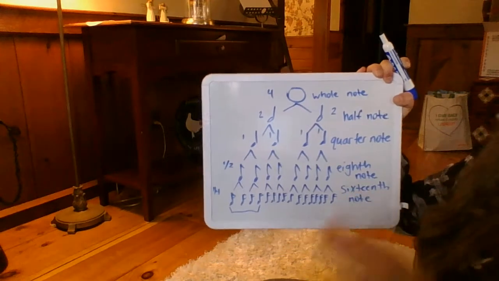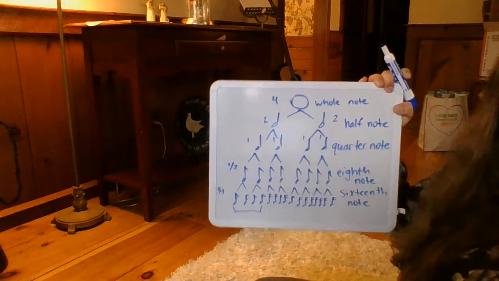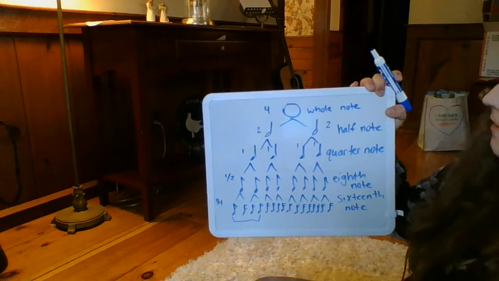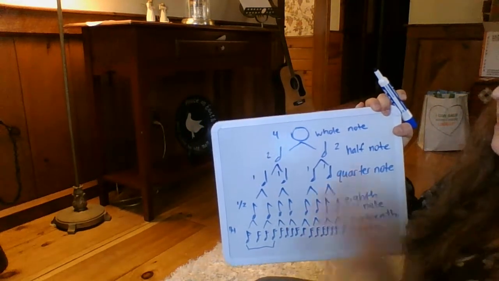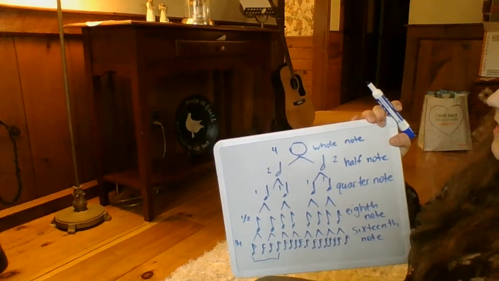What if I just sing? It's easier if I sing. So I will sing the note, and my hand will be the heartbeat that keeps the steady pulse. Whole note. Ready? And 1, 2, ready, sing.